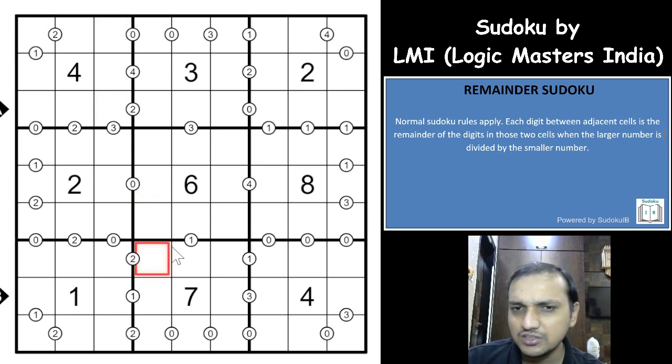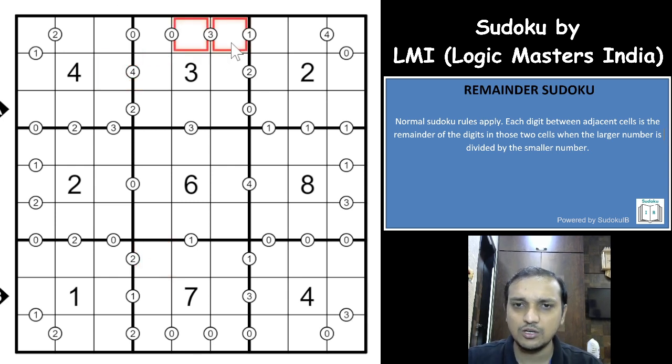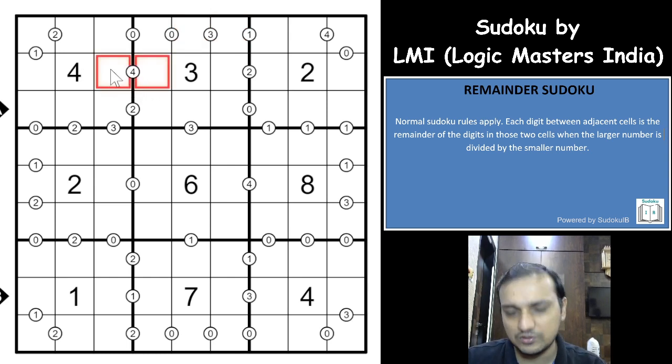The most important thing in this Sudoku is, whenever you have a larger remainder clue, for example a 4 here or a 3 here, you cannot have numbers below that. If you have a 4, you can never have 1, 2, 3 or 4 in these cells.